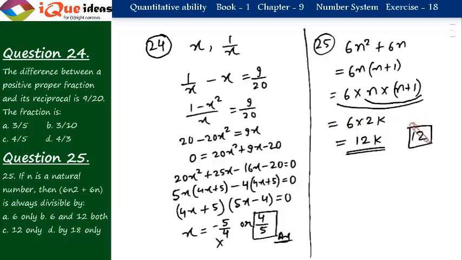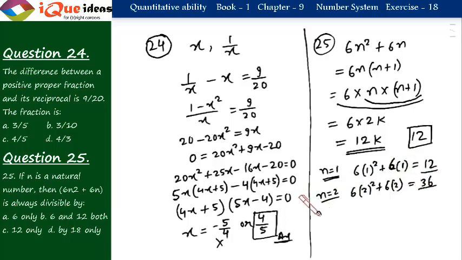Now the other way of doing the same question would be to put some values for n. For example, if I put n equal to 1, then 6 into 1 square plus 6 into 1 would be equal to 6 plus 6, that is 12. If you put n equal to 2, you will get 6 into 2 square plus 6 into 2, which will come out to be 4 into 6, 24 plus 12, that is 36.